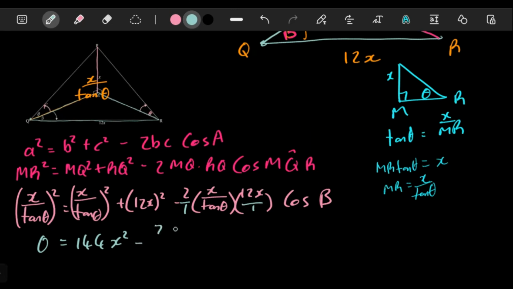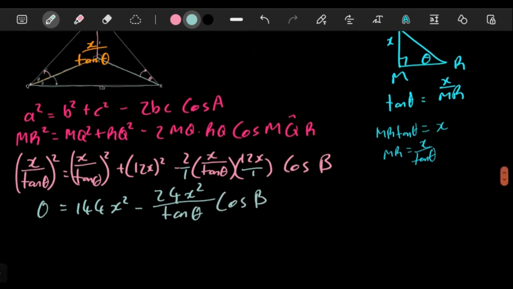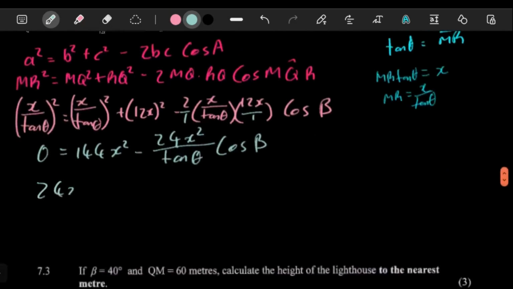So it's going to be 24x squared. The bottom, you're going to have tan theta. And then you have cos beta there. So let's move this whole thing to the left so that it comes out as a positive: 24x squared over tan theta cos beta. Let's actually put the cos beta at the top because that's where it belongs.